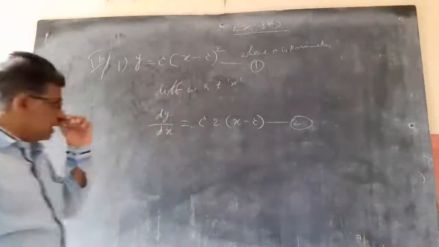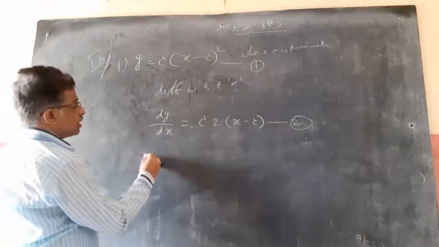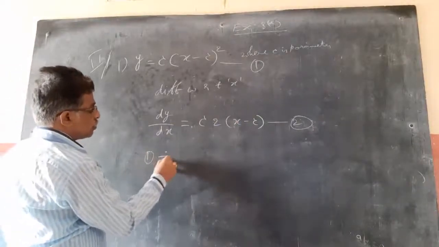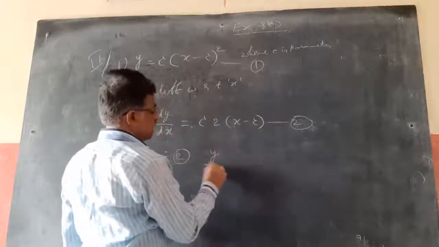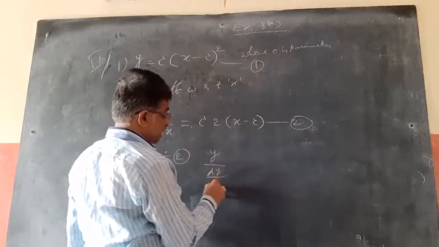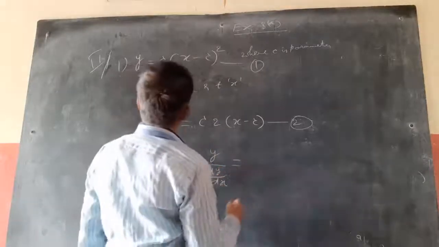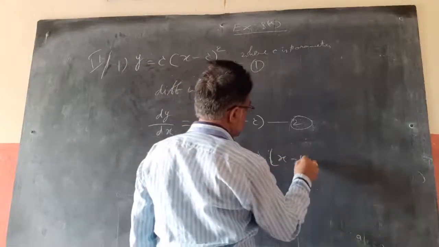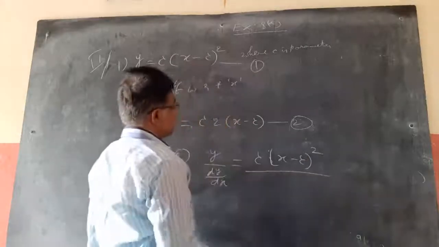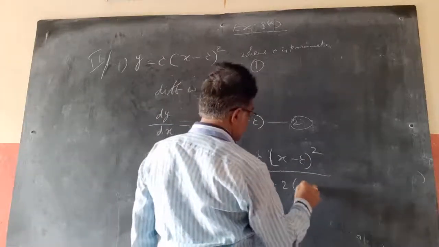Now if I do 1 divided by 2, what happens? y by dy by dx, or y dash as you can write, is equal to c into x minus c whole square divided by c into 2 into x minus c.